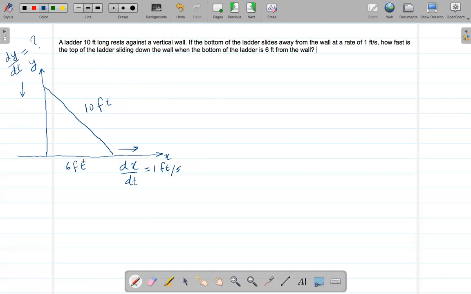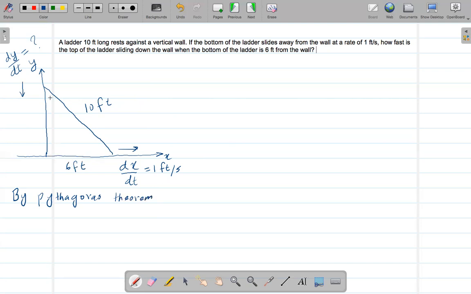All right, so now that means we have dx over dt, we have dy over dt, and this x value, let's say this is g. Basically, what I'm trying to do here is use the Pythagorean theorem.